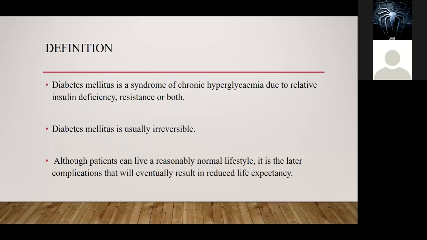And once this happens, we say that there's some sort of resistance to the insulin. And it's not because the patient doesn't have insulin. The patient has enough insulin in the blood, but the insulin is unable to bind to the fat cells or the muscular cells to cause that cascade where you need to uptake the sugars in the blood. So once this happens, we say the patient has what we call insulin resistance.